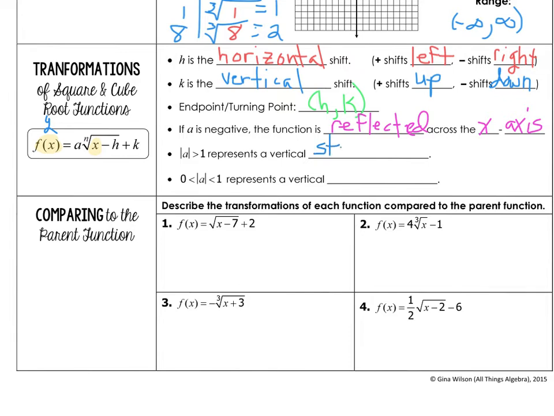What that's going to do is stretch your graph up and down and pull it closer to the y-axis. If A is a value between 0 and 1, so a fraction less than 1, like 1/2, 2/3, 3/7, again looking at the absolute value, you will have a vertical shrink.